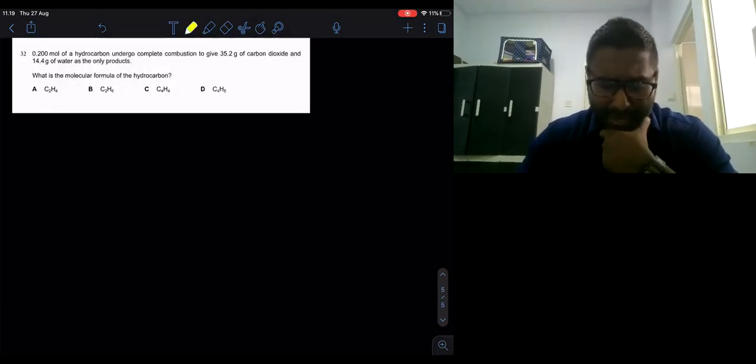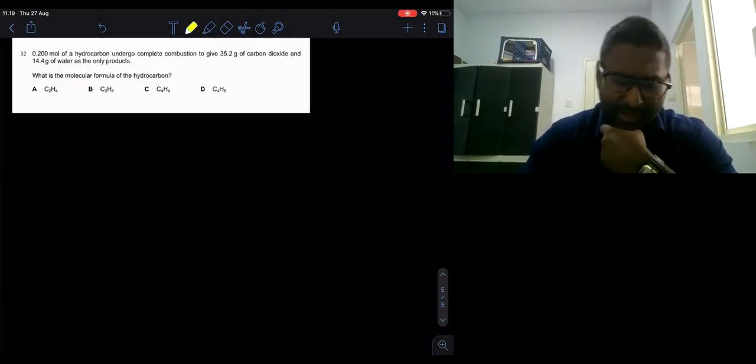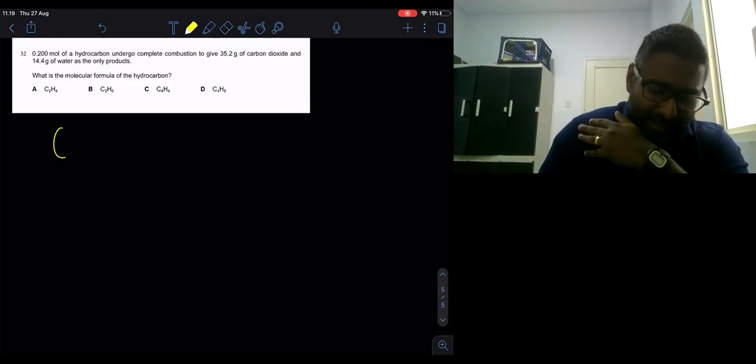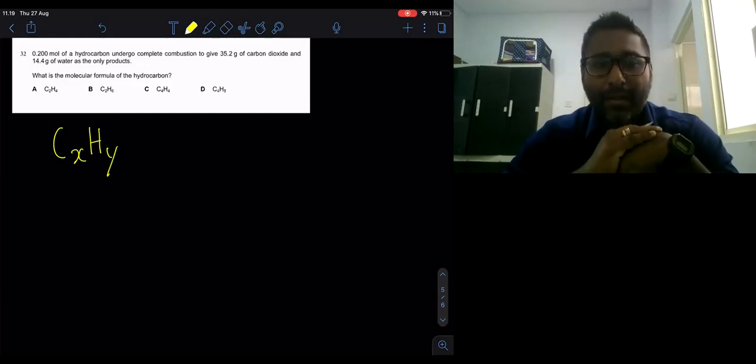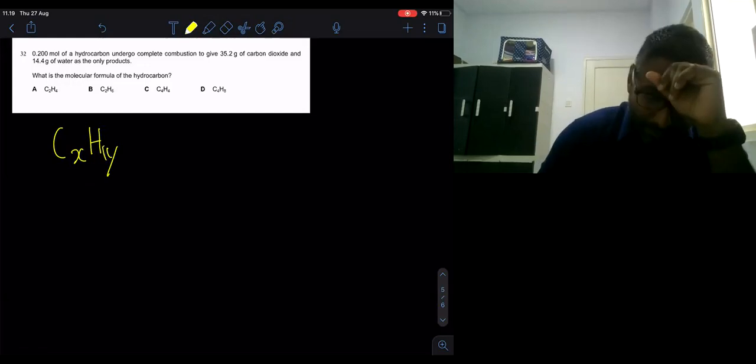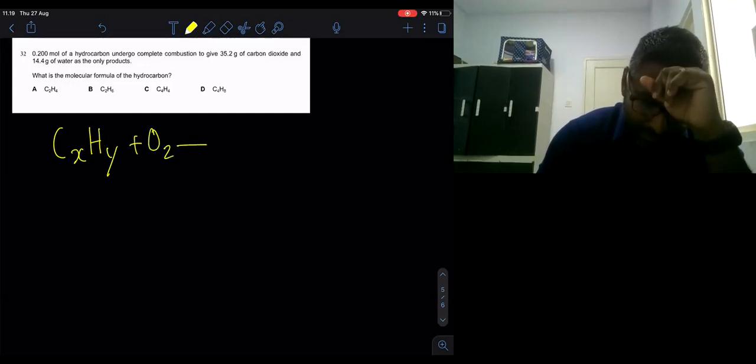It's supposed to be a hydrocarbon, so it can be C and H. So just put CxHy. And then they undergo complete combustion. Complete combustion means they react with oxygen to give you carbon dioxide and water.